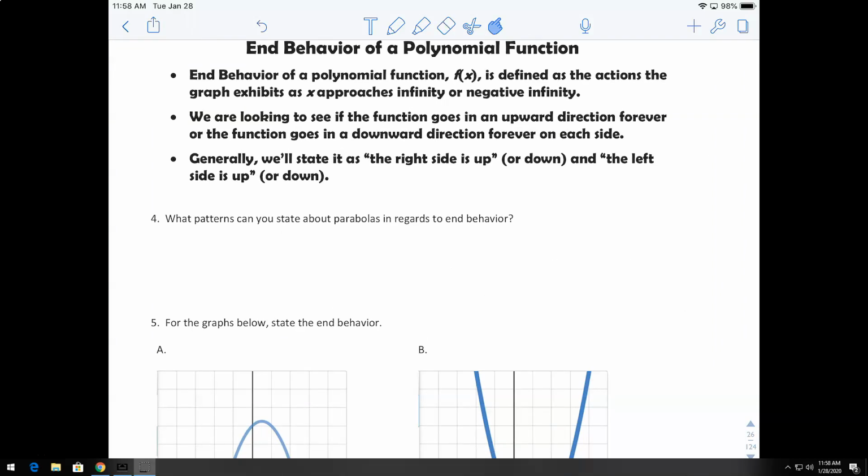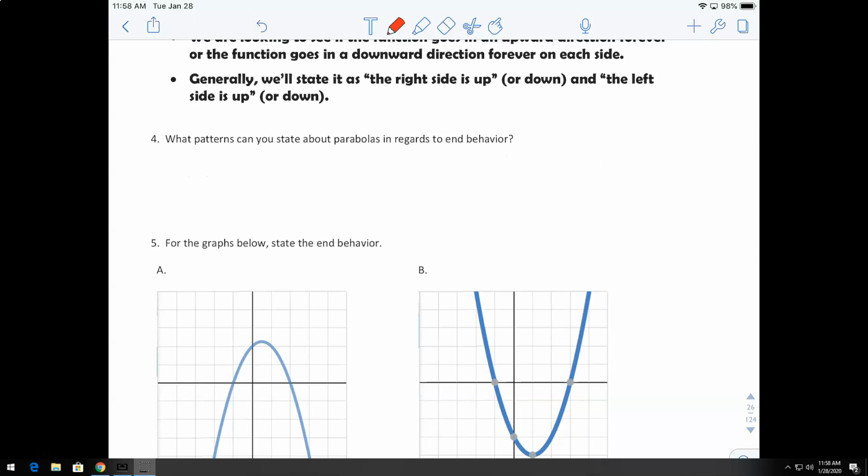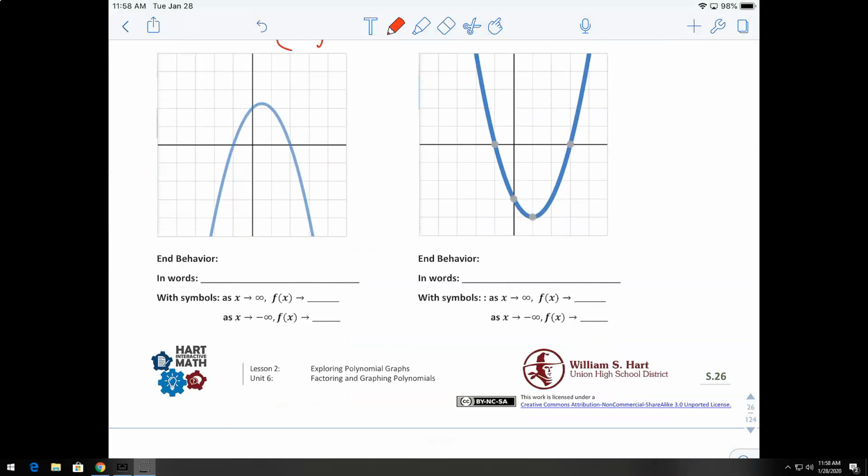Then I need you to understand that we have end behavior of a polynomial function. So my end behavior is that this one faces downwards. It's a negative. This one's a positive. We call that concave up, or concave down.